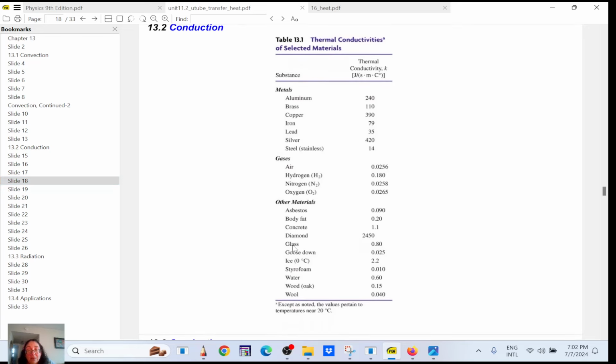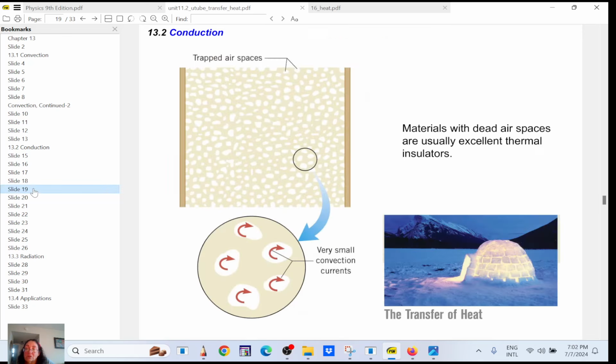And here you have water, and water is a poor conductor. Ice is also a poor conductor. Air is a very poor conductor. This is why, for example, if you want to insulate something, you will use styrofoam with a lot of little traps of air, because air will not let the heat go through easily.